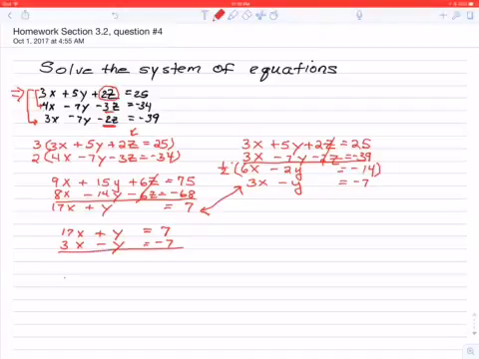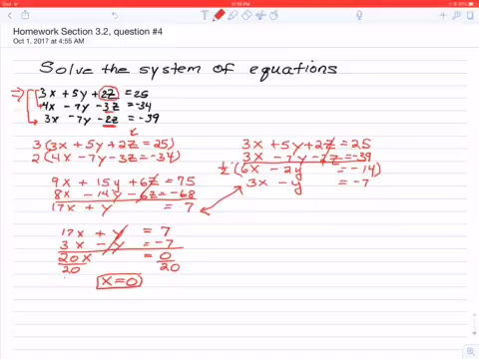So when I add the equations, the y's drop out, so I have 20x equals 0. Divide both sides by 20. I have x equals 0. Now, I'll substitute what x is equal to for x in one of those two equations. So I'm going to take this one.